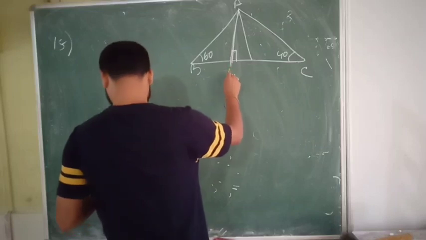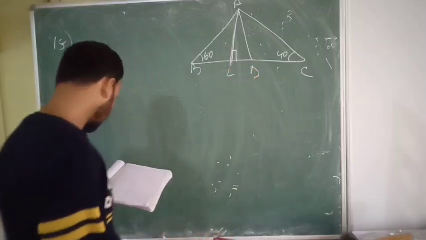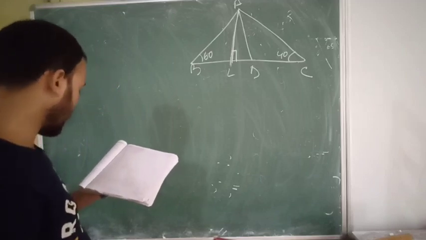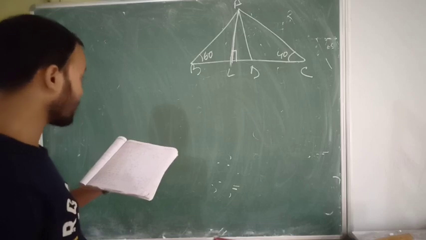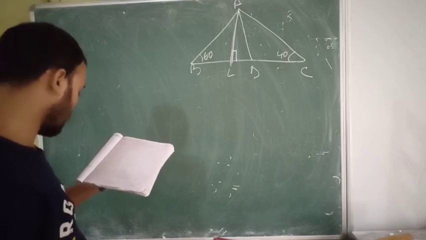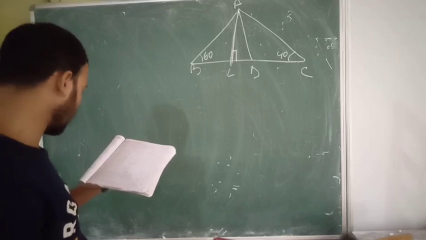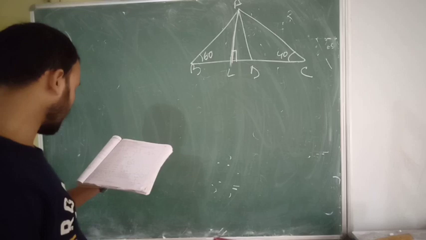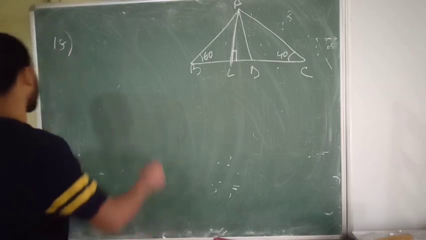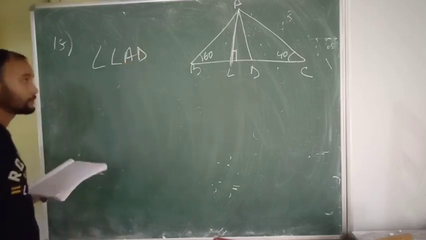This is L. This is D. Angle B 60 degree is given. Angle C is 40 degree given. A perpendicular to BC is given. AD bisects angle A, such that D lies inside BC. And find angle LAD. LAD we need to find.